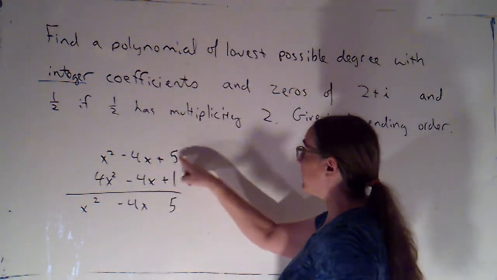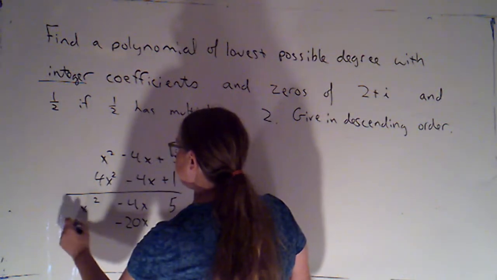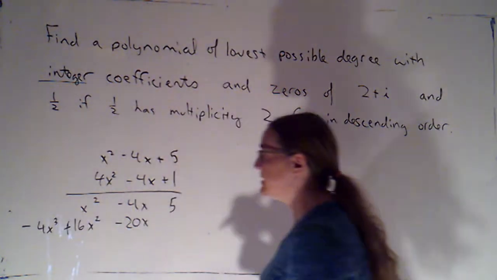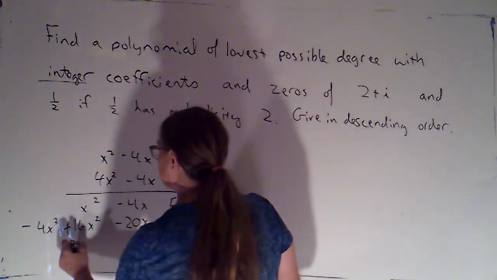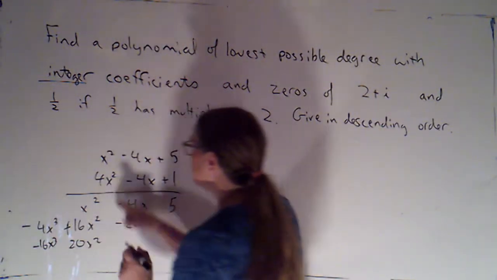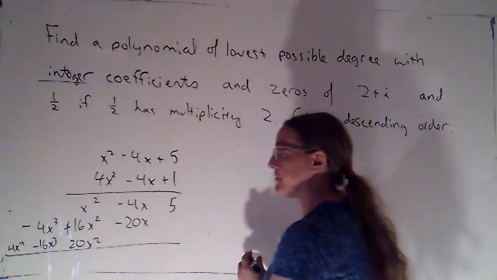Distributing the negative 4x, I'll get negative 20x plus 16x squared minus 4x cubed. And distributing the 4x squared, I'll get 20x squared minus 16x cubed, and then 4x to the fourth.